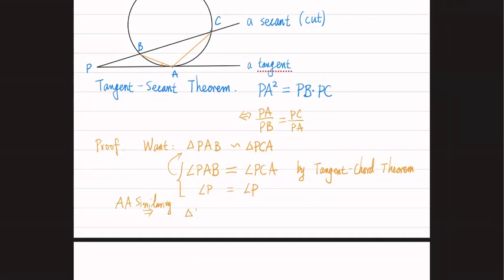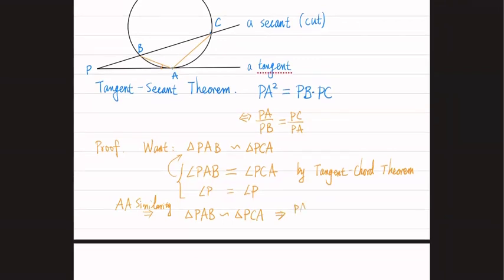To conclude, PAB, PCA, the corresponding sides have the same ratio. PA over PB equals PC over PA.